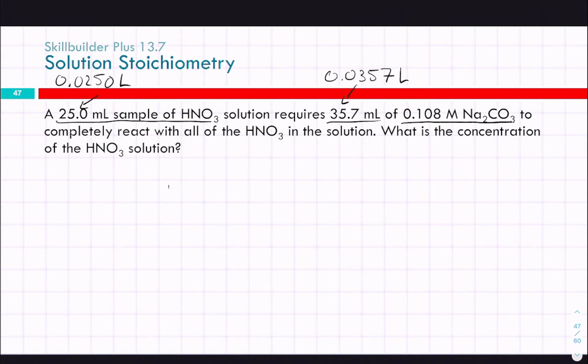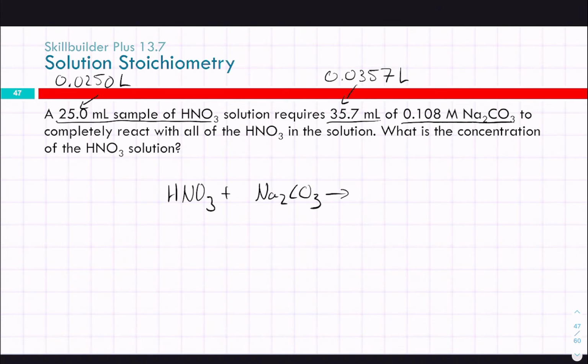So we have nitric acid, right? So we have a nitric acid solution, requires some amount of sodium carbonate. So it's Na2CO3. To completely react, what is the concentration of the nitric acid solution?